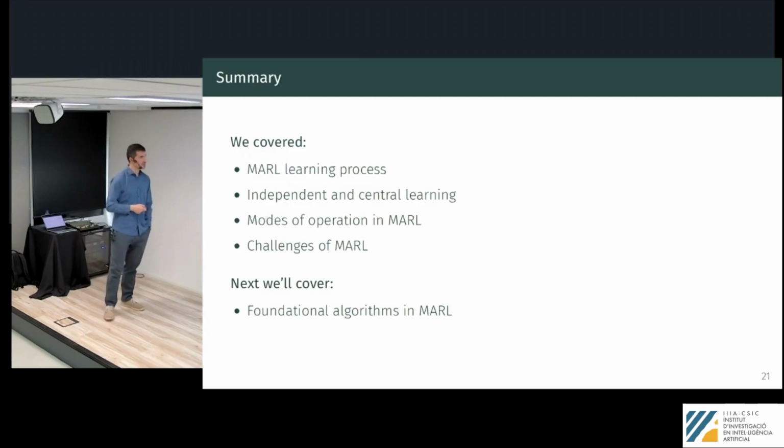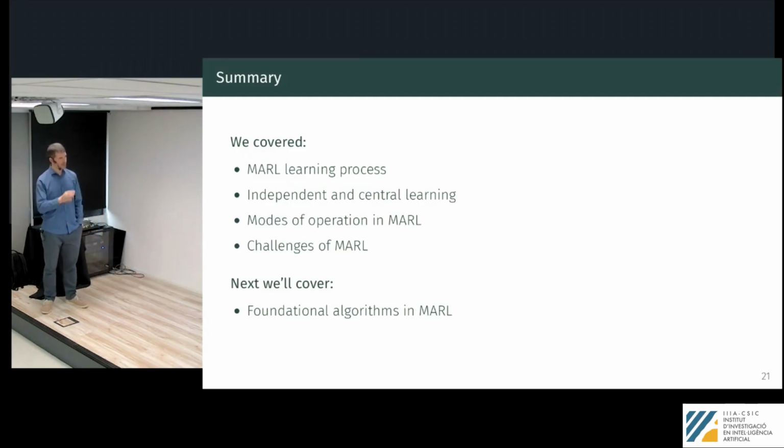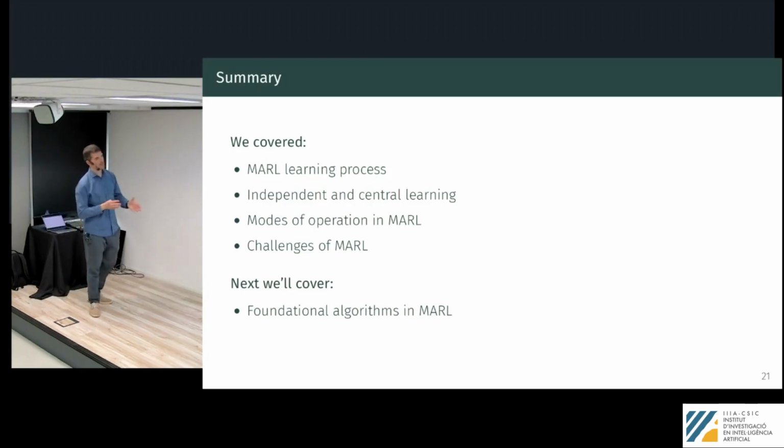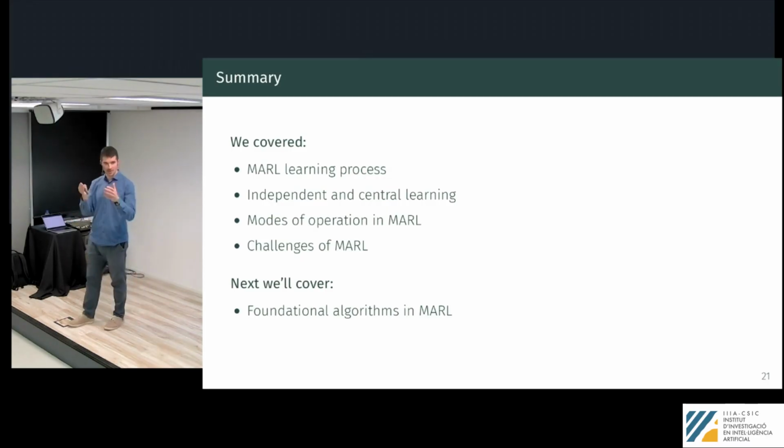But just in summary, in the second part of the lecture, we looked at the general learning framework in MARL. We looked at 2 very basic categories of using RL in these kinds of games. Both of them reduce the problem from multi-agent to single agent. In the central learning approach, we reduce the multi-agent problem to one single agent problem, and we apply a single agent RL approach over the joint action space.